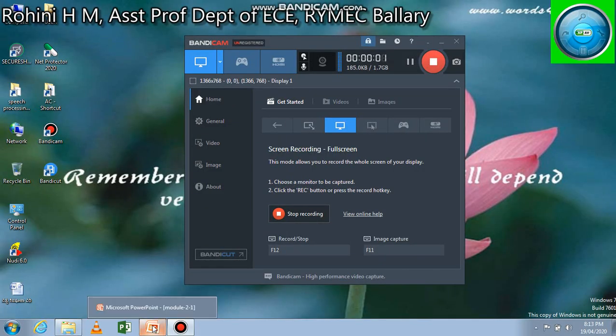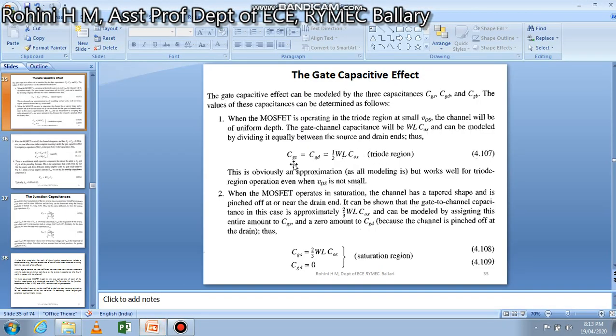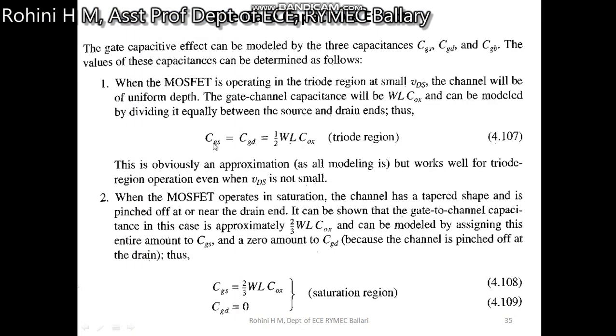Therefore CGS is equal to CGD is equal to 1/2 WLCOX. If it is operating in triode region, then both capacitances are equal, that is 1/2 WLCOX.